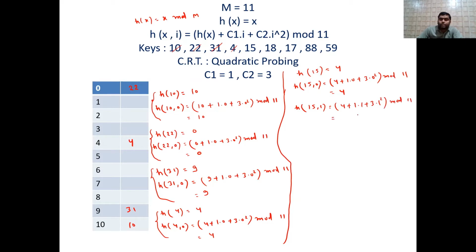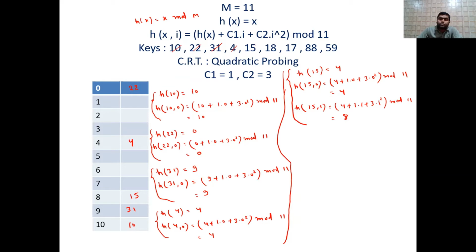Now calculate this: 4 plus 1 is 5, and 3 gives 8, so 8 mod 11 is going to be 8. So yes, the 8th space is available, and you can store 15 at the 8th location. This is the beauty of this technique: it calculates in a quadratic fashion, so there are more chances of getting space and fewer collisions compared to the previous techniques.